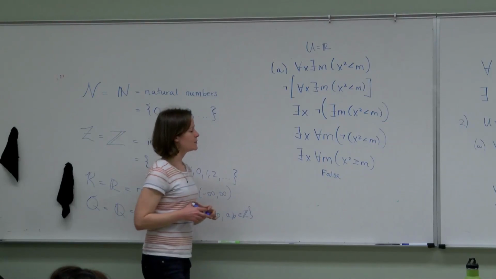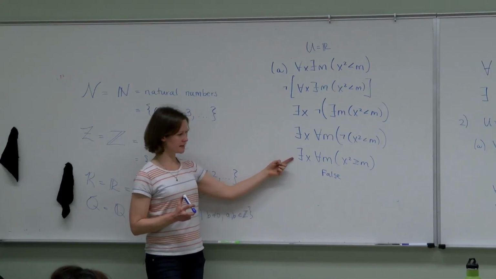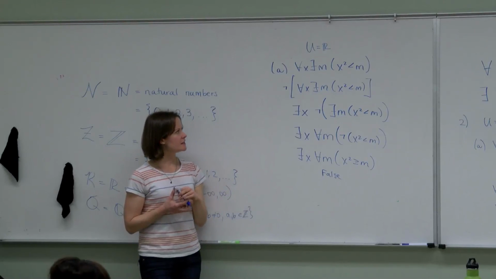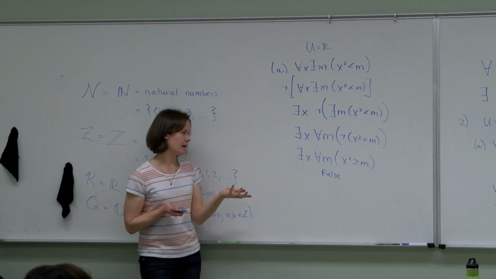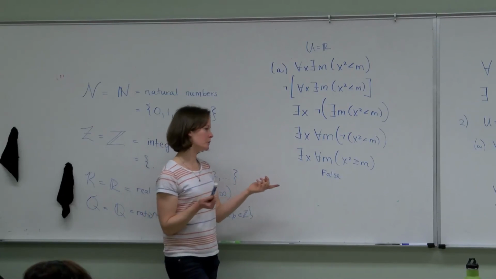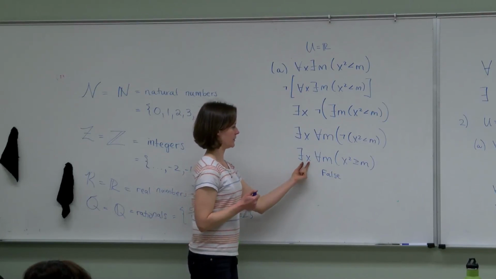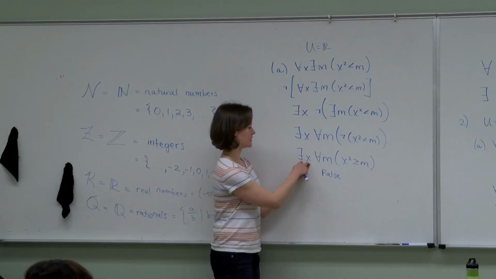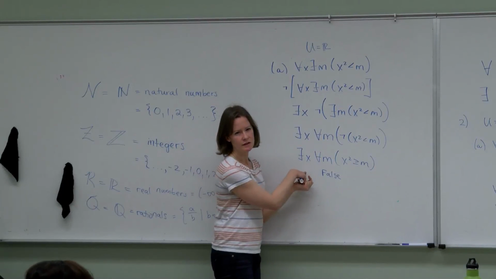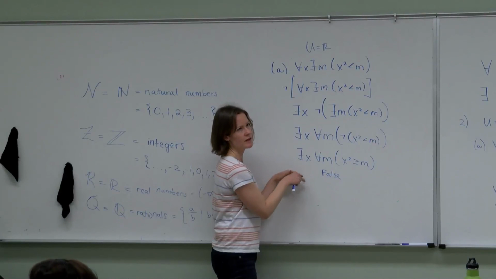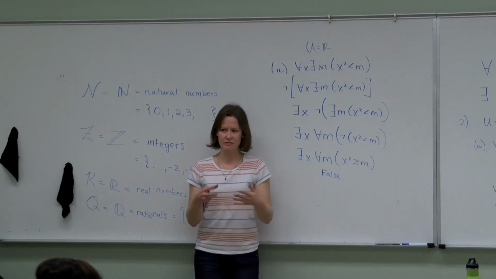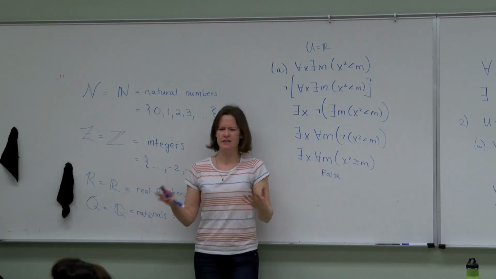Well, the tricky thing with saying that the statement is false is you can't necessarily just give a counterexample, because the counterexample would be for a specific x value that you picked, but I could have picked a different x value. Since this one says there's at least one that works, your counterexample may not have been the one that works.